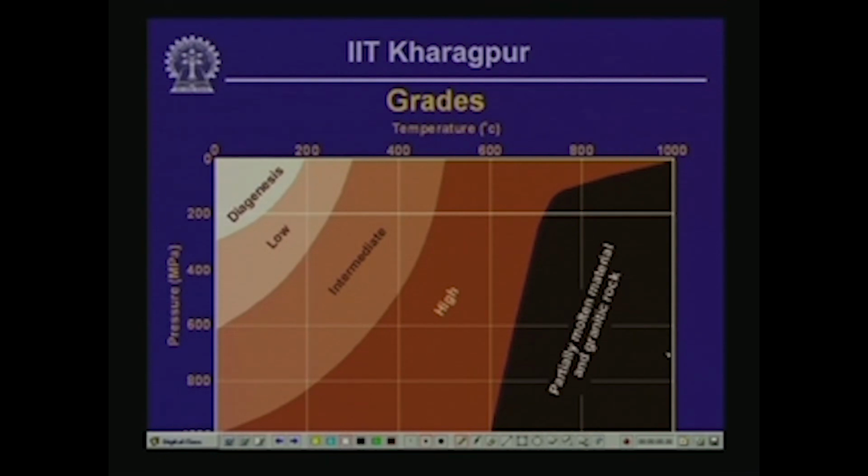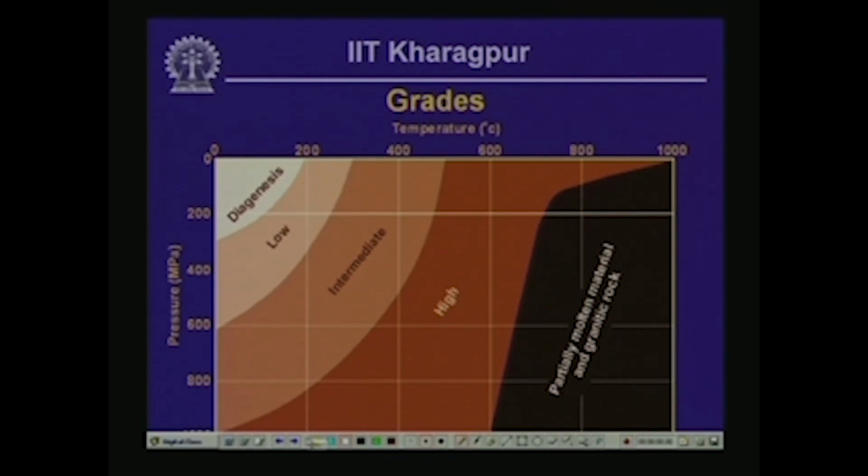The temperature could vary anywhere between 500 and typically 800 to 900 degrees Celsius, and the pressure is typically more than 1000 megapascals. And if you increase the temperature further and/or the pressure further, you are going to end up partially melting the rock minerals.